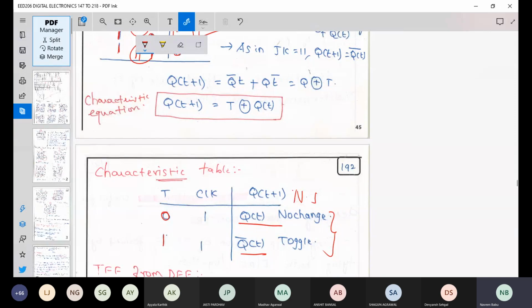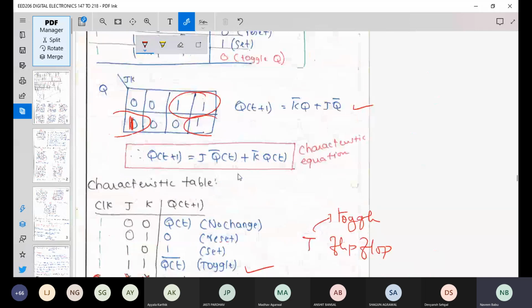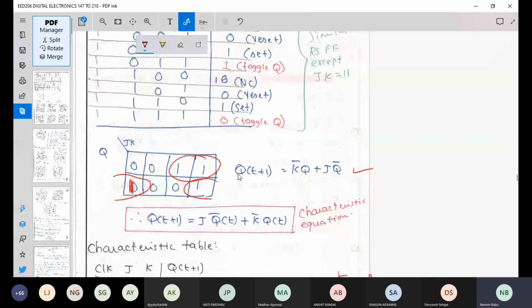It is all from the Boolean expression. If you recall, what is the characteristic equation of a D flip-flop? Let me go and look at the D flip-flop's characteristic equation. Q of T plus 1 is just D, right?